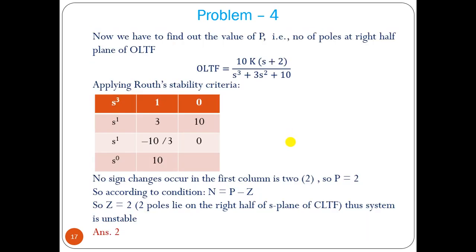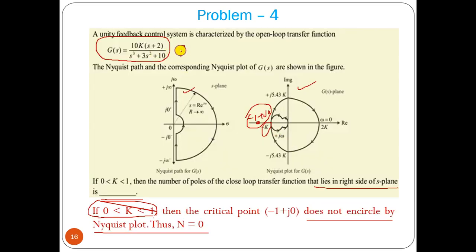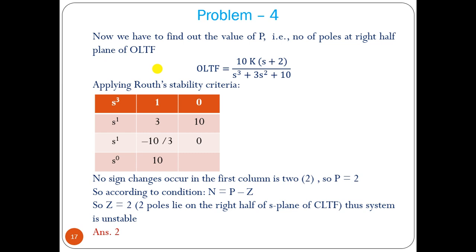Now what we have to do? We have to find out the value of P. How can we find the number of poles in the right half plane? We have to take the OLTF, and from that find the value of P. So we can use the Routh stability criterion. 1, 3, s cube plus 3s square plus 10.